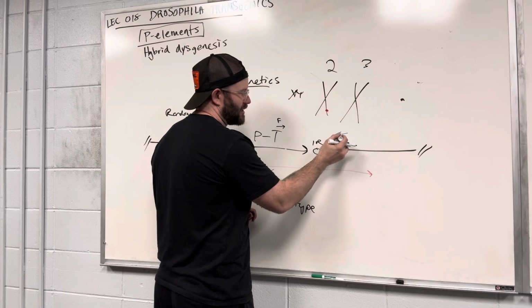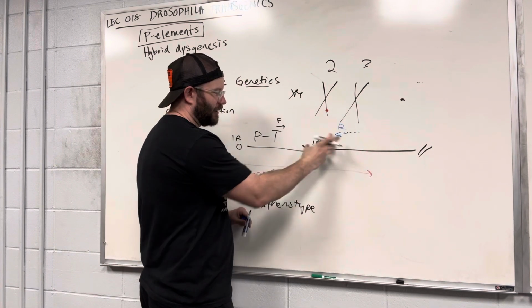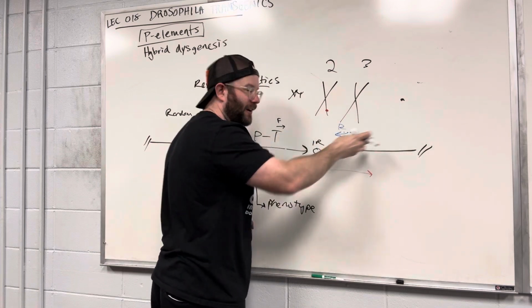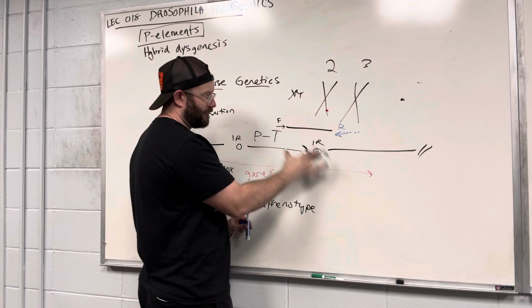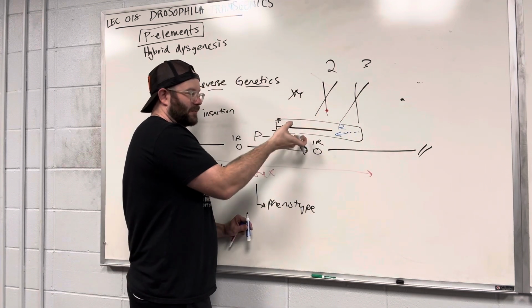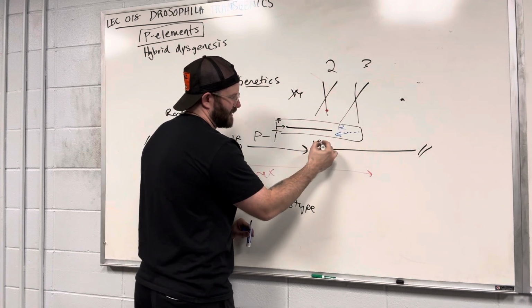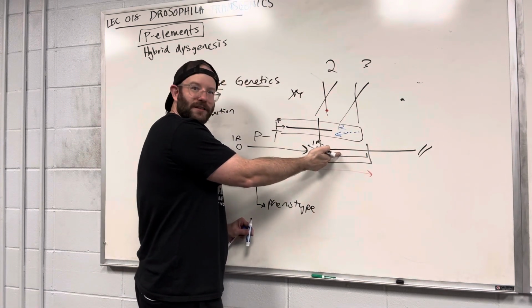So if you have a degenerate PCR primer, it'll find a binding site somewhere up here, and then you can amplify this product, and then you can find the insertion site by sequencing this PCR product, and the sequence that's right here will tell you where the insertion site is.